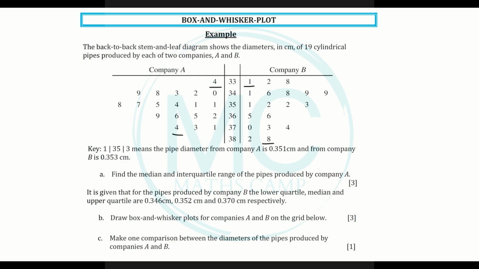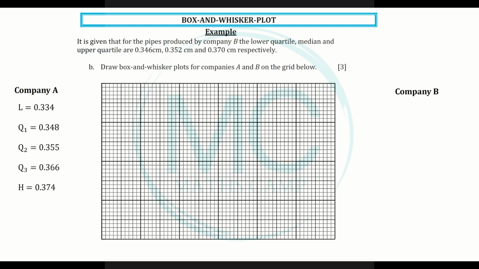So let's make a note of this quickly. I can say the lowest value, 0,331, and the highest value, 0,388. Now that I have these values, I can draw my Box-and-Whisker plot.